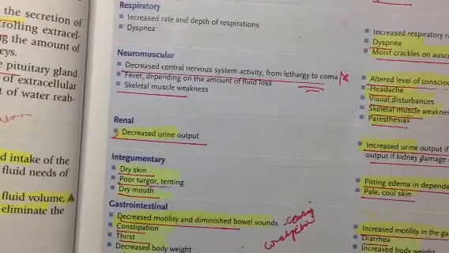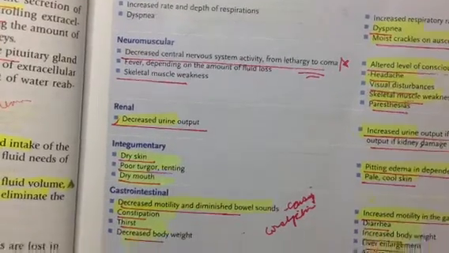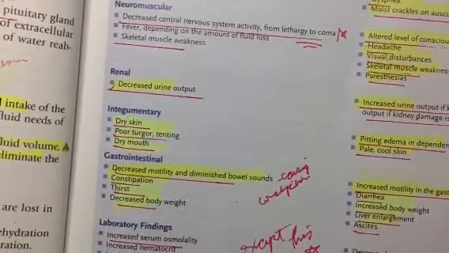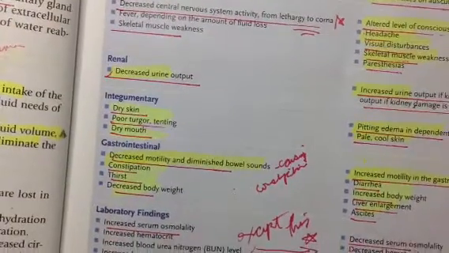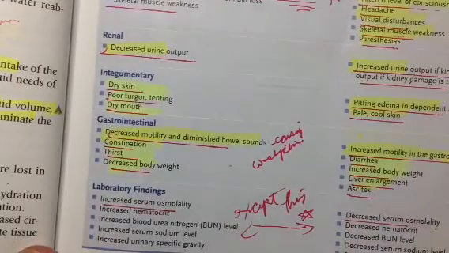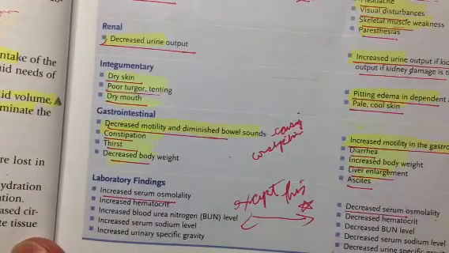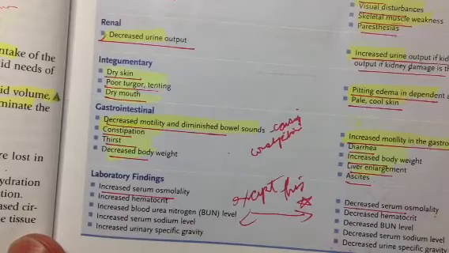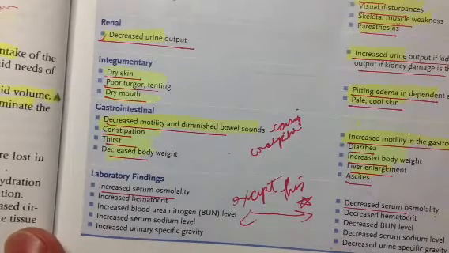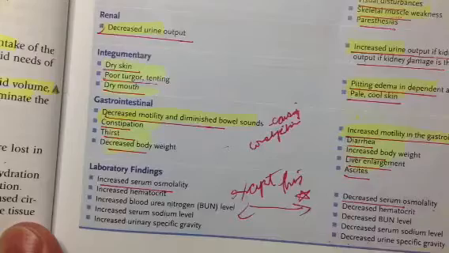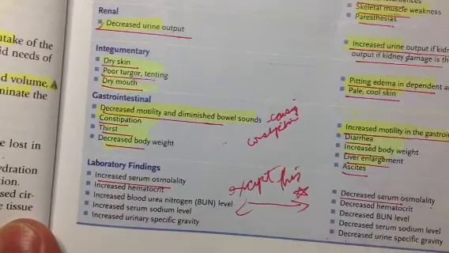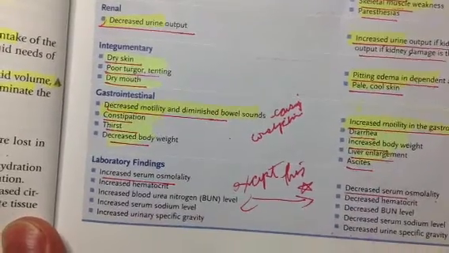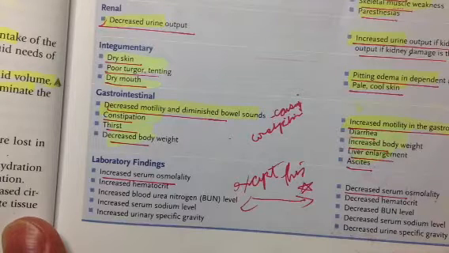Renal: decreased urine output. Skin: dry skin, poor turgor, tenting, dry mouth. Gastrointestinal: decreased motility and diminished bowel sounds, constipation, thirst, decreased body weight. Laboratory findings: increased serum osmolality, increased hematocrit, increased BUN, increased urinary specific gravity.